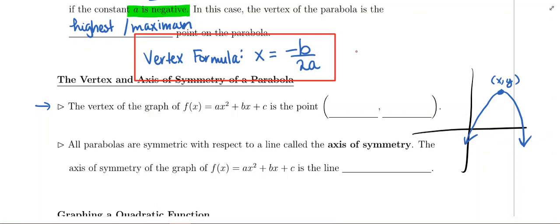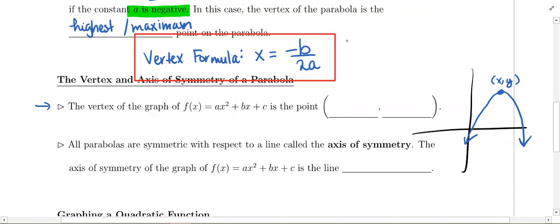So basically what's going to happen here is you're going to plug into negative b over 2a. a is the number in front of x squared, b is the number in front of x. You're going to plug in these values and that's going to give you the x value.